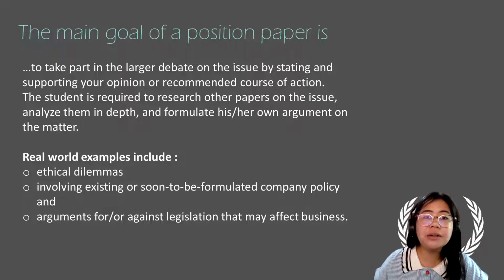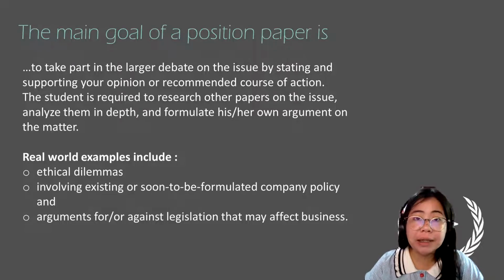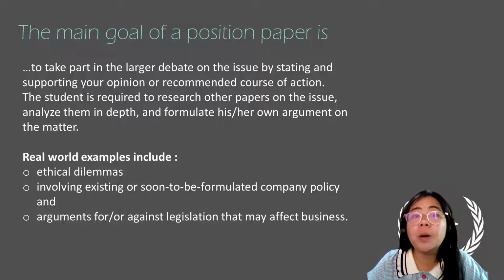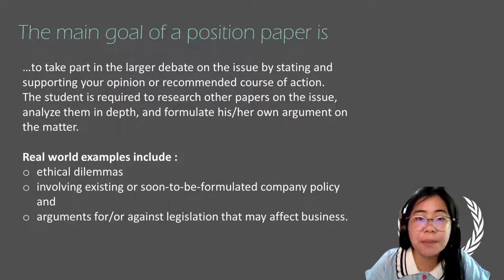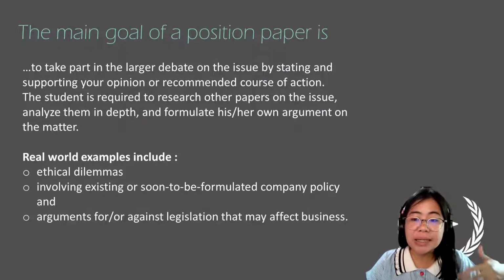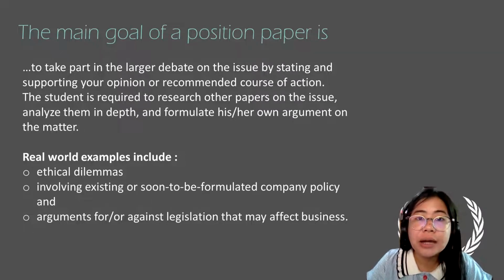Okay, so the main goal of a position paper is to take part in a larger debate on the issue by stating and supporting your opinion or recommended course of action. So the major goal when we are writing a position paper is for us to present our stand or our argument or our recommended course of action or solution regarding the issue stated.